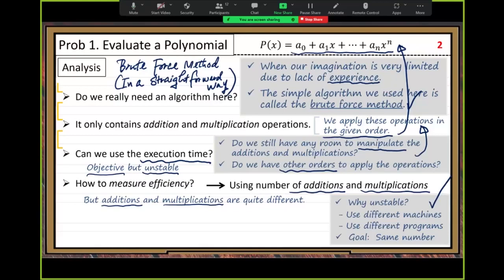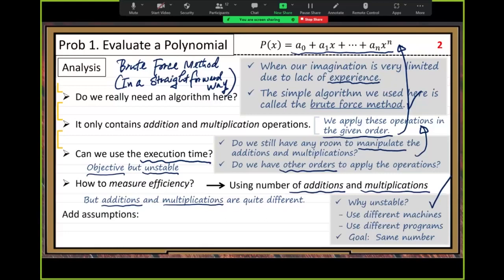Multiplication is much slower than an addition. So that difference we need to consider. We cannot treat the execution time used for one addition and one multiplication as the same. We cannot say that. The difference is pretty big.